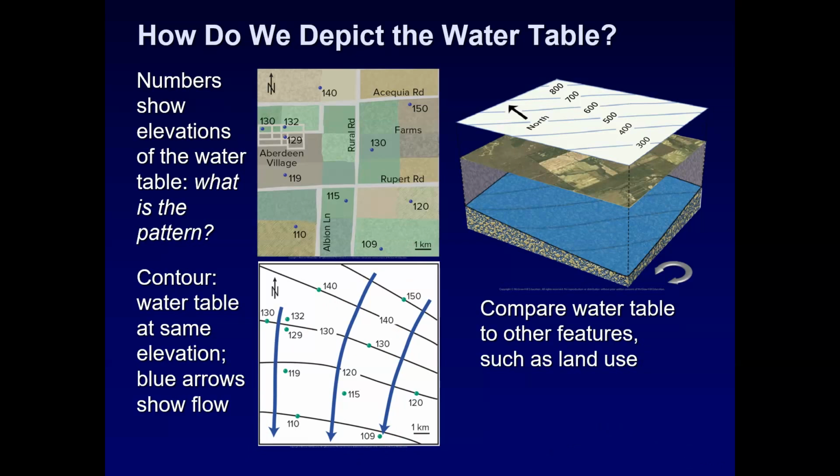You can compare the water table to other features, such as land use, to ask, is there something in this landscape that might be impacting the groundwater table? Is there a lot of activity down here that's making it lower, or is it a geologic feature that makes the water table what it is in this area?